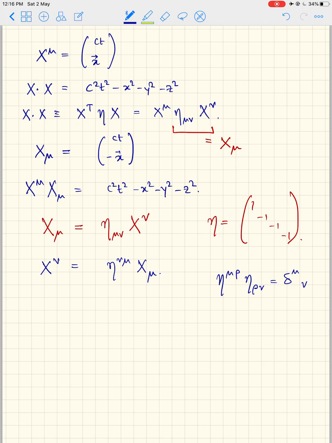So x mu upstairs has ct and x, and x mu downstairs has ct and minus x. Similarly, u mu upstairs will have gamma times c and u, and u mu downstairs will similarly have gamma, c, and minus u. So this is the distinction between an upstairs index and a downstairs index.